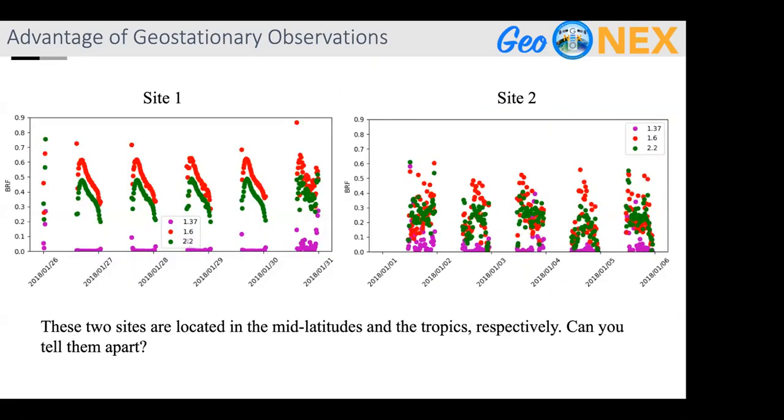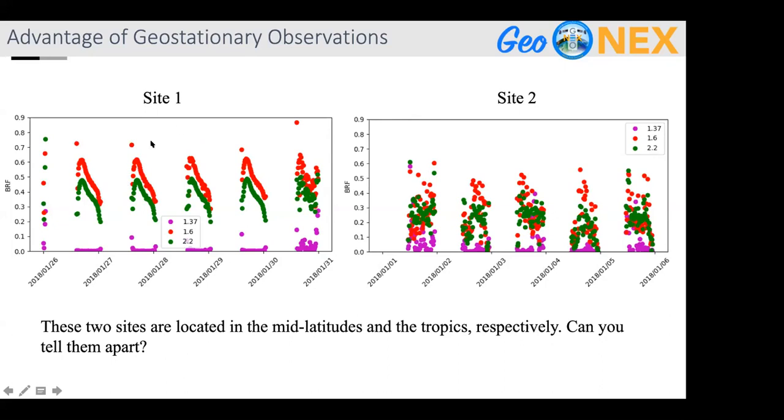So here are some time series at two sites. Just compare them, left and right. These two sites are located, one in the mid-latitudes, another in the tropics. Can anyone from the audience tell me which one is located in the tropics, and which one's in the mid-latitudes? This is a virtual presentation, so it's hard to hear the feedback from the audience. But anyway, it's actually very obvious to our eyes, right?